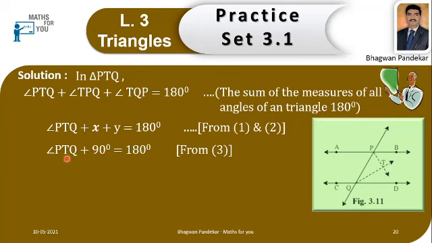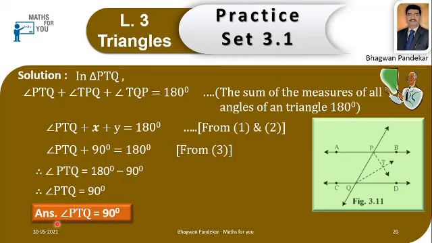Therefore, angle PTQ plus 90 degree is equal to 180 degree from equation 3. Therefore, angle PTQ is equal to 180 degree minus 90 degree. So, angle PTQ is equal to 90 degree. This is your final answer of this example.